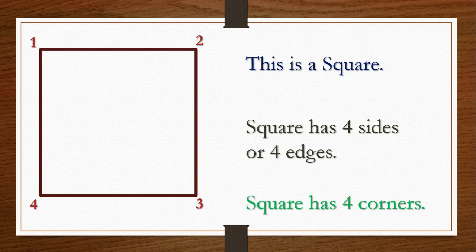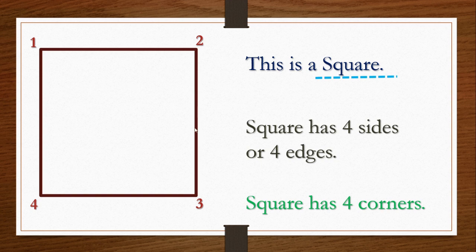Come on, dear children, tell me what is the difference between this square and that rectangle? Can you find any difference? Rectangle also has 4 sides. Square also has 4 sides.